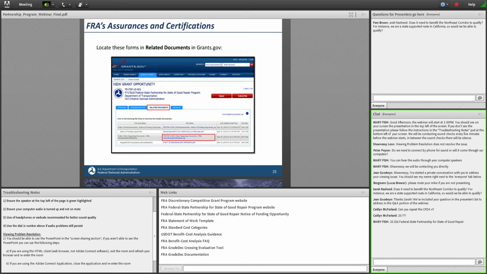So what you'll need to do is go to the related documents tab in grants.gov, and click on the link that I have highlighted there, download the form, complete it, and then attach it in your application as an attachment. This is one of those forms that a lot of folks do either forget to include, or I get a lot of emails or calls about where to find it. I know that is a little bit different than the other forms, but please be sure that you also include that form as well.